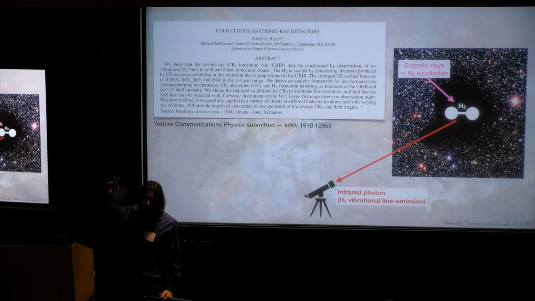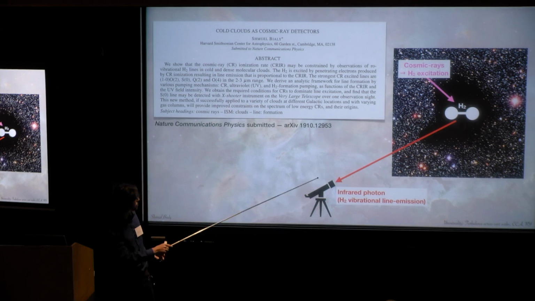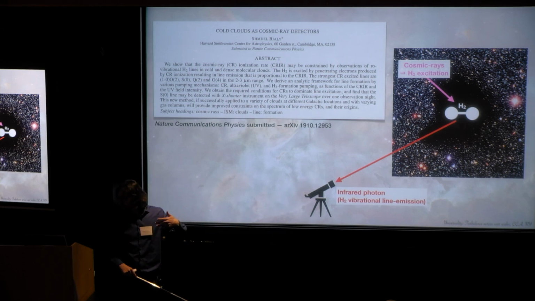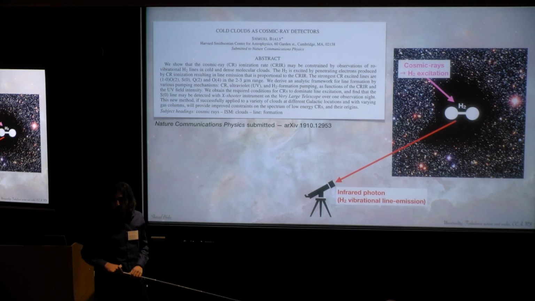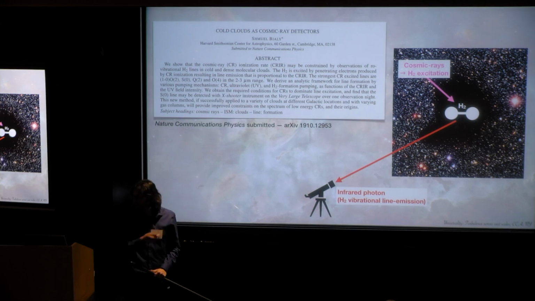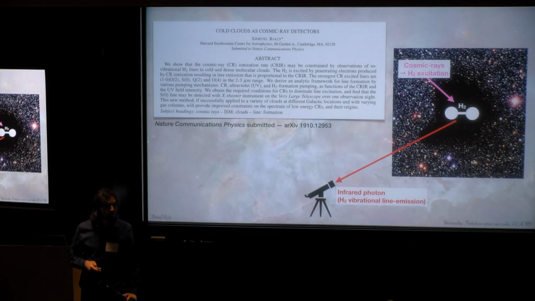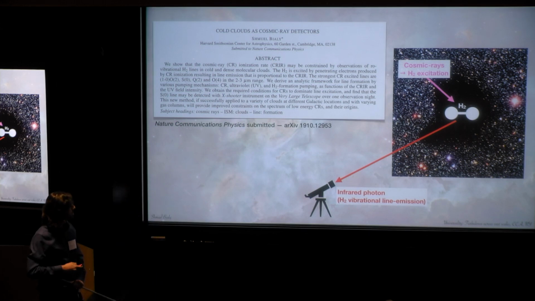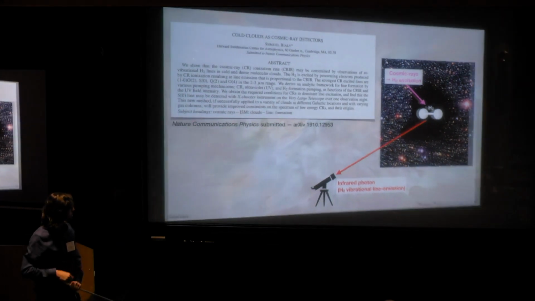Then the H2 molecule, when it relaxes to the ground state, emits a photon, a vibrational line in the infrared. If we observe this photon, we can constrain the excitation rate, which is the cosmic ray ionization rate. So this might be a new method to constrain the cosmic ray ionization rate in the galaxy, in molecular clouds.